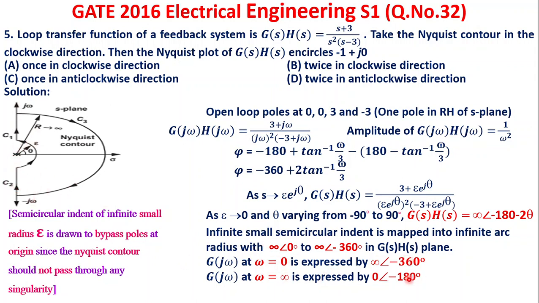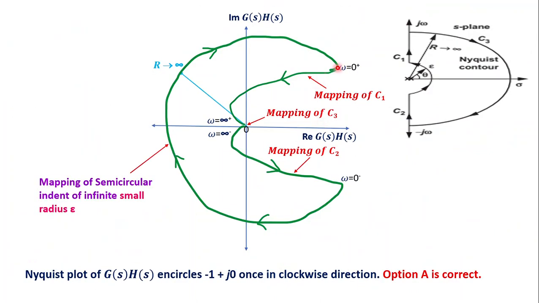I have assumed this as infinity, and this is your minus 180. Actually, this infinity I cannot show on a finite dimension plane, so I have made this radius an infinite radius. This entire portion from here to here is infinity. So this is the mapping of C1.